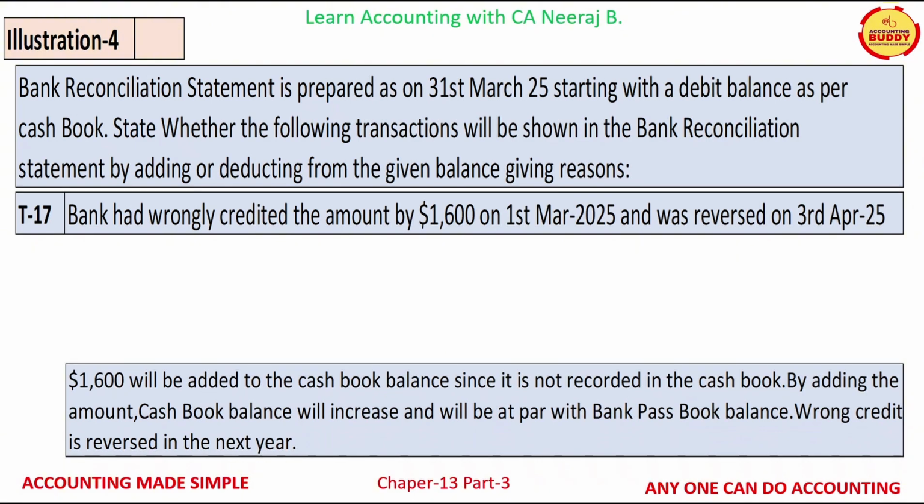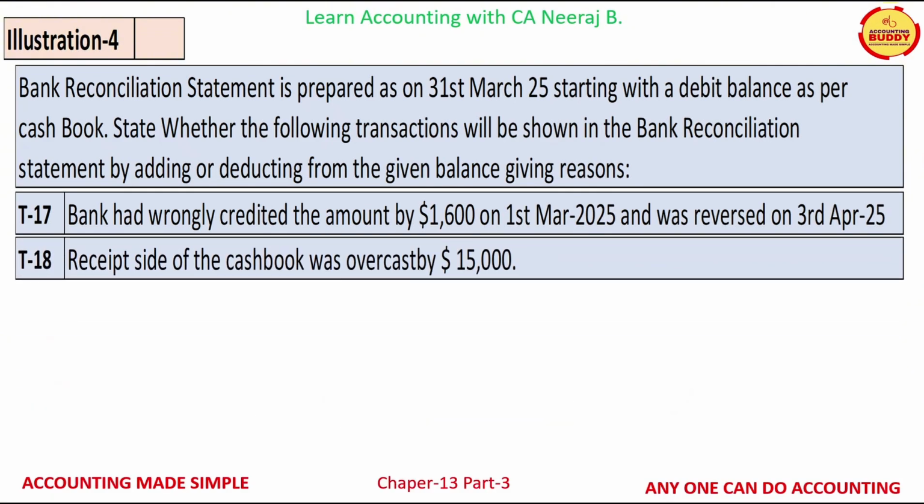If we analyze this transaction, $1,600 will be added to the cash book balance since it is not recorded in the cash book. By adding the amount, cash book balance will increase and will be at par with the bank passbook balance.